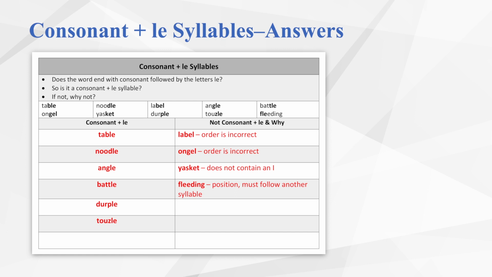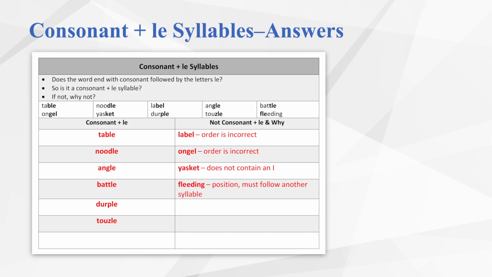Okay, checking our answers. The following words do contain consonant LE syllables. We have table, noodle, angle, battle, derple, toozle, or tousle. The one that is not containing a consonant LE syllable is label. Again, the reason label is not is because the letters are not in the right order.